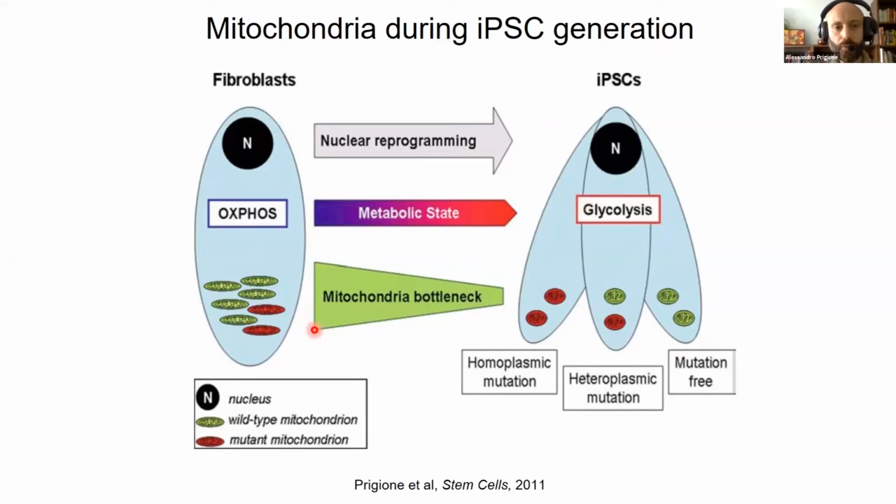But we also know that when we start from cells with mitochondrial mutations, we could have iPS cells with more or less mutant mitochondria. We described this 10 years ago, and recently work from Valeria Tiranti and Patrick Chinnery also showed the importance of this, also in the context of control cells.